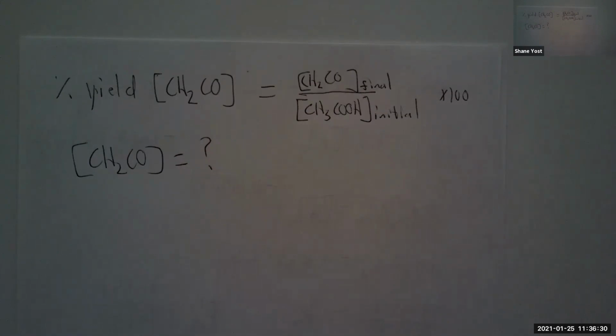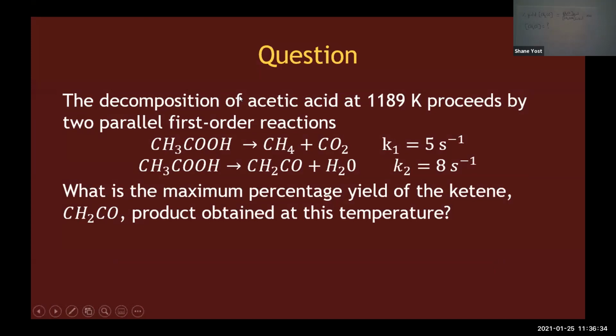So I'm going to go back to the slide real quick and write down some of these equations. But think about how you might try to solve for that concentration as a function of time.